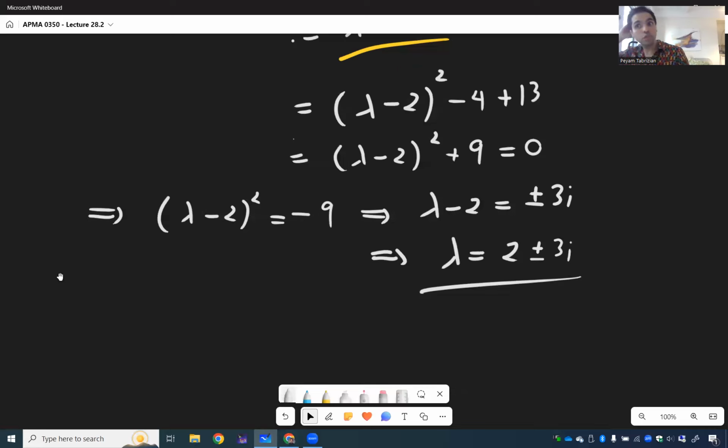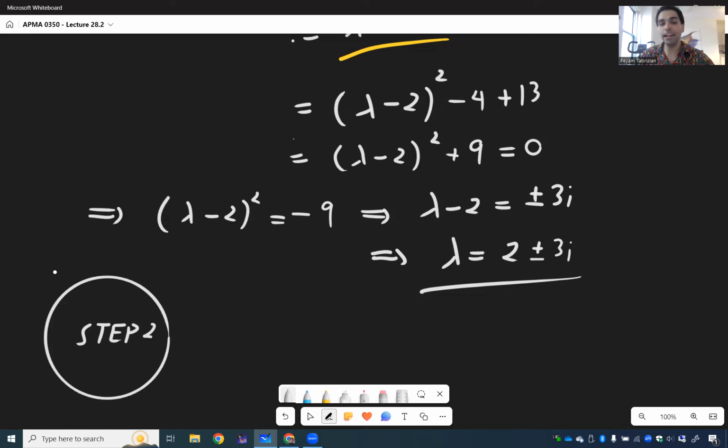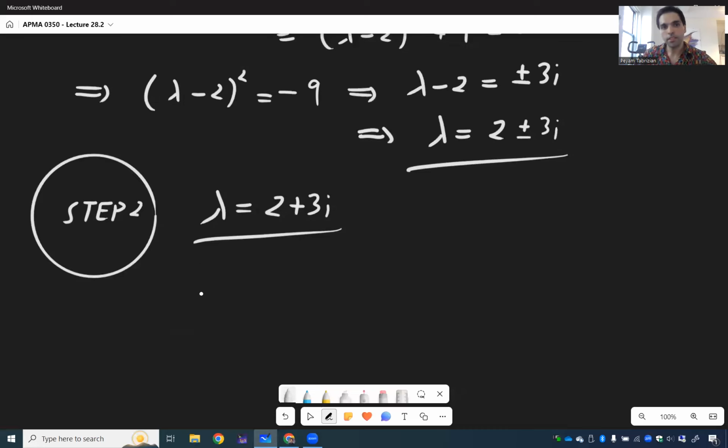So what makes this new compared to the last example is that now we have a non-zero real part, but pretty much the same as before. Pick your favorite eigenvalue. Lambda is 2 plus 3i, for example, or lambda is 2 minus 3i, doesn't matter. And then do the null space.